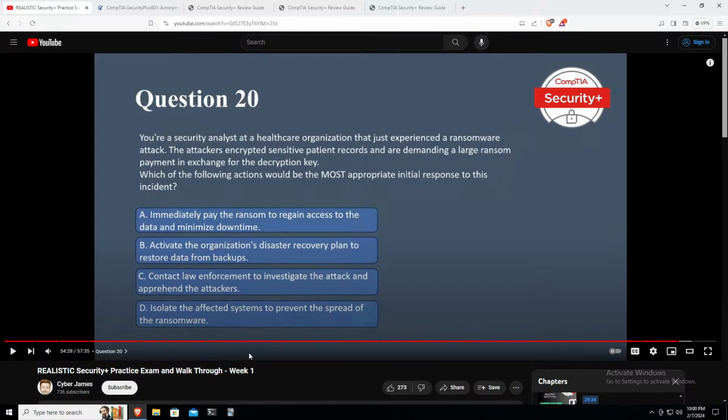I think we would isolate the affected systems to prevent the spread of ransomware, and then anything that we have lost, we would restore from backups. I think the initial response would be like stop the bleeding, right?